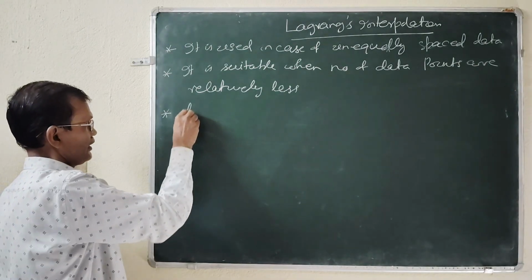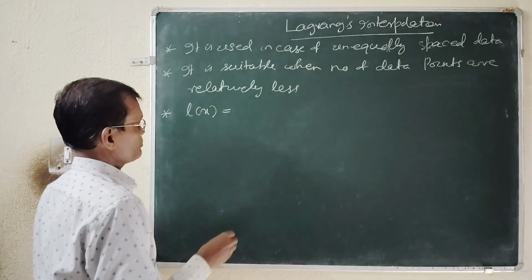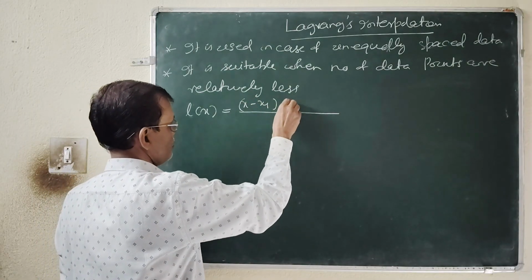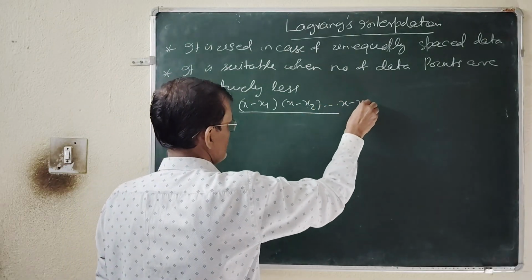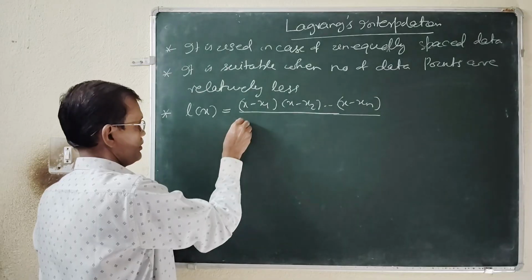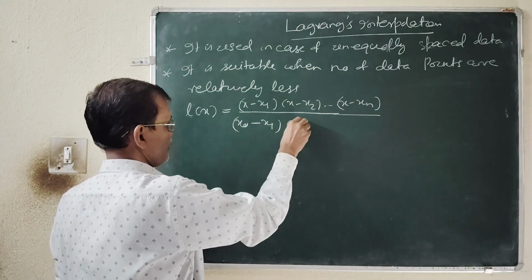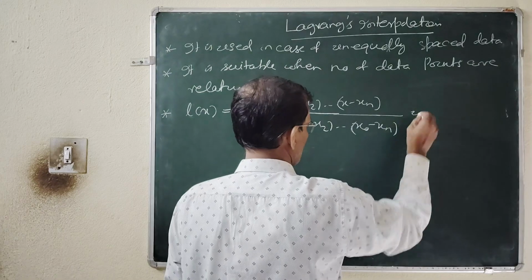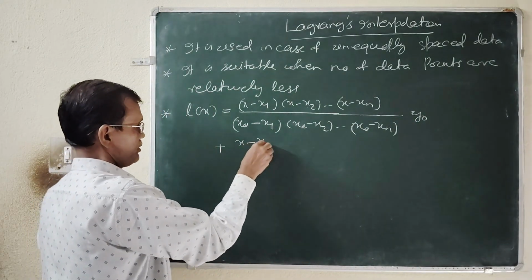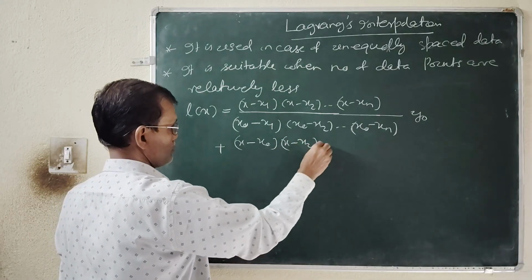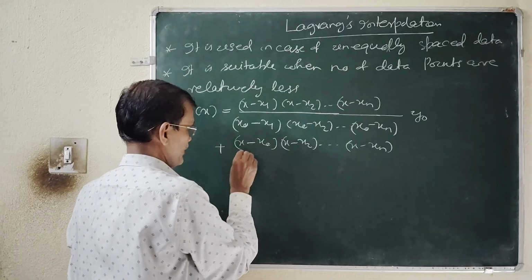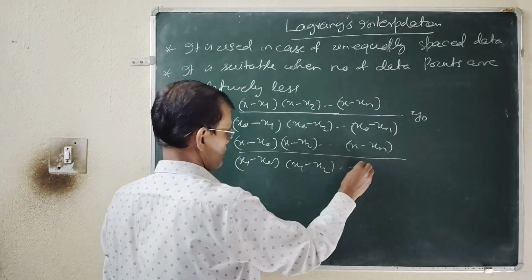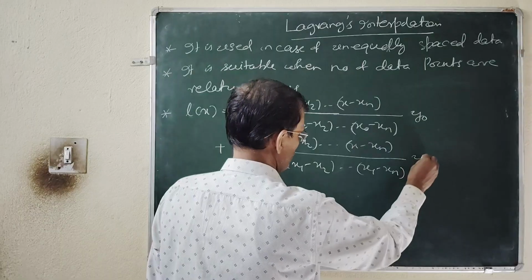The Lagrange interpolation formula is L(x) equals, you see how I am writing, (x minus x1)(x minus x2) up to (x minus xn) divided by (x0 minus x1)(x0 minus x2) up to (x0 minus xn) into y0, plus (x minus x0)(x minus x2) up to (x minus xn) divided by (x1 minus x0)(x1 minus x2) up to (x1 minus xn) into y1.